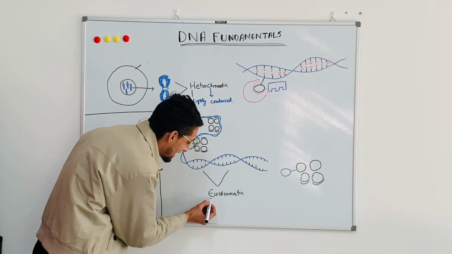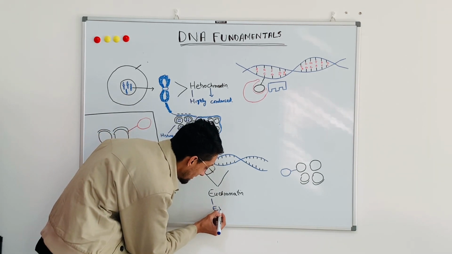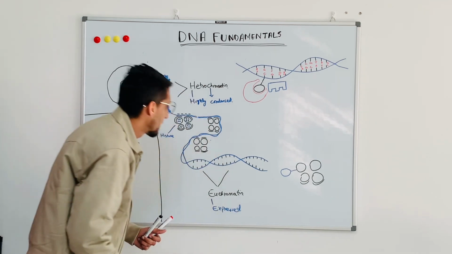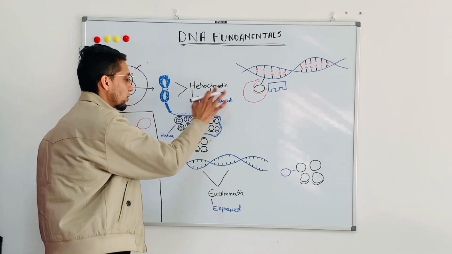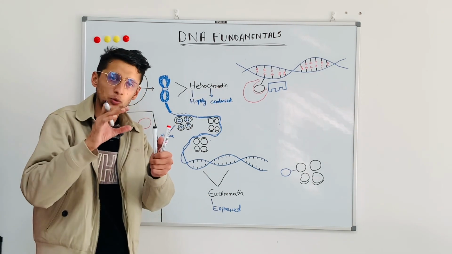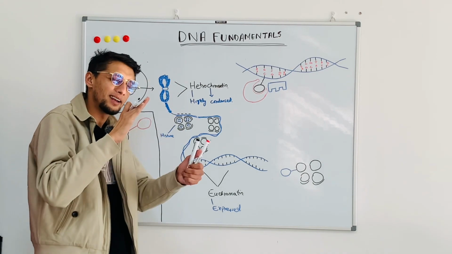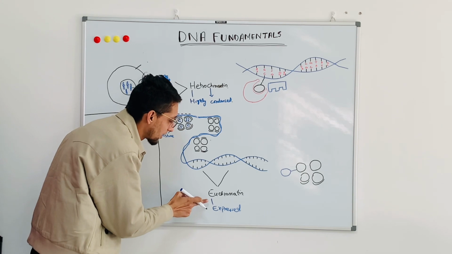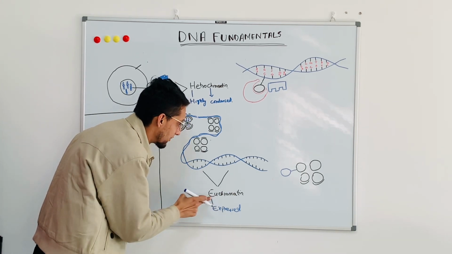So you can take E for expressed, right? So there are two important terminologies, heterochromatin and euchromatin. When you see through the electron microscope, if you see the condensed, highly tightened portion, you call it heterochromatin. And if you see something that is expressed and opened up, that is euchromatin, right?